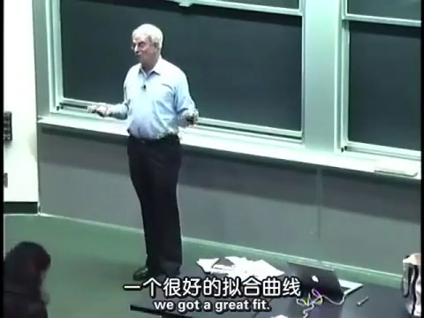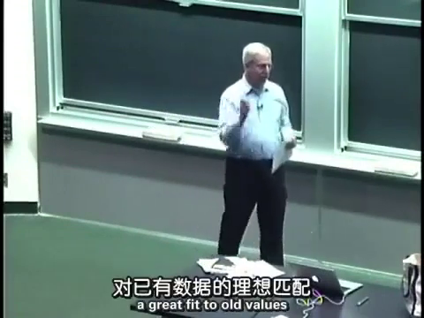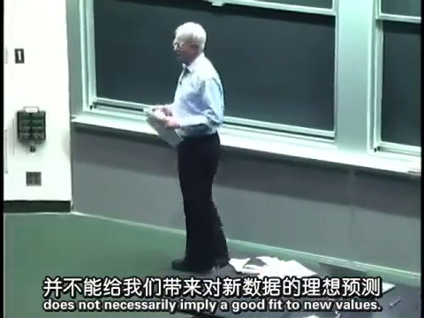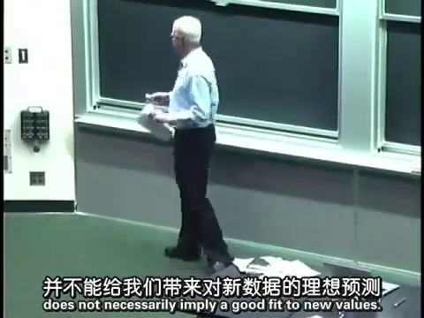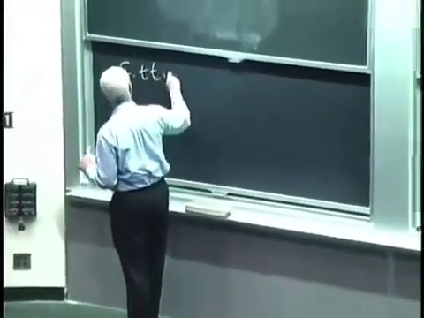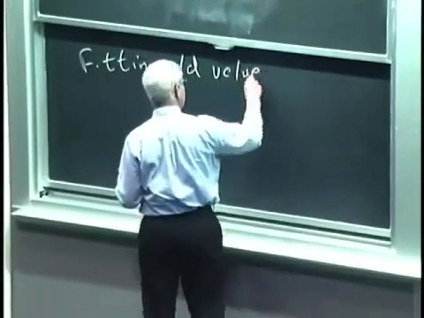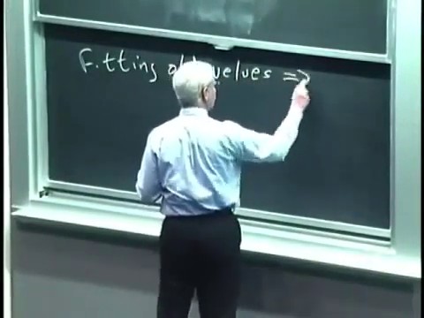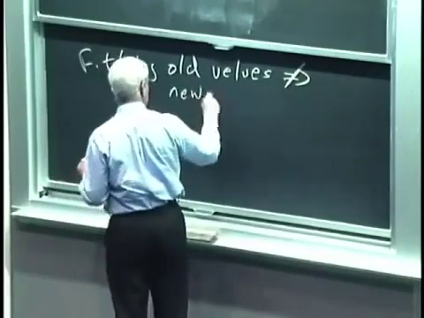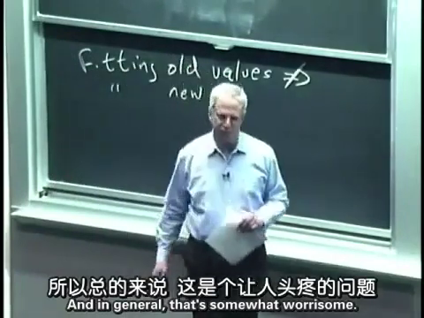Sure enough, we got a great fit. The difficulty was a great fit to old values does not necessarily imply a good fit to new values. And in general, that's somewhat worrisome.